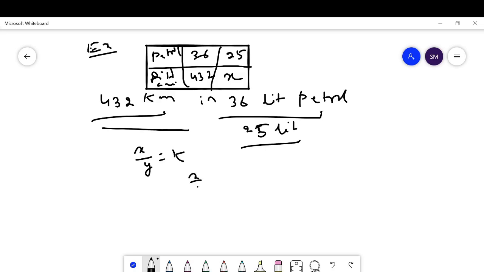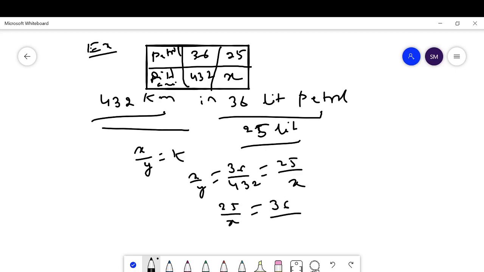Here x upon y is 36 upon 432, which equals 25 upon x. Then 25 upon x is equal to 36 upon 432. Then 36x is equal to 25 into 432.